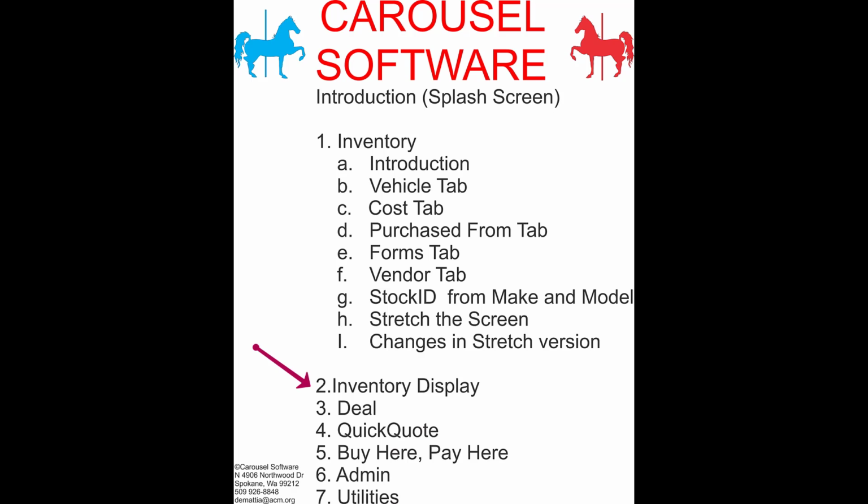As I said in the previous video, the inventory search program and the quick quote program already have this capability because they don't have tabs. The next video in this series should be the inventory display program. At the moment that isn't done, but that should be done pretty quick.